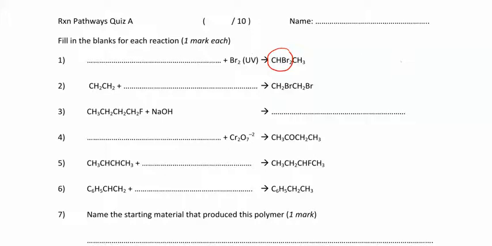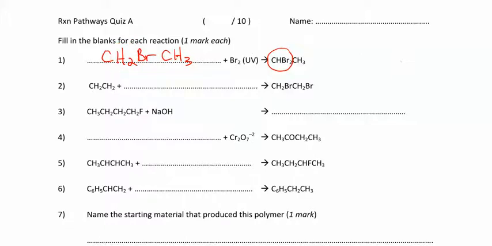We're going to unsubstitute. So this is going to be CH2Br and then CH3. Okay? Because essentially what I've done is I've removed one of these hydrogens and put a bromine in its place. Well, what would that look like?